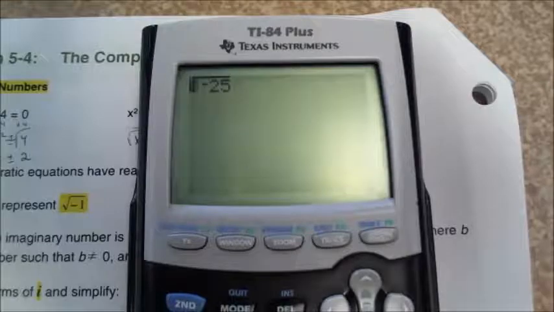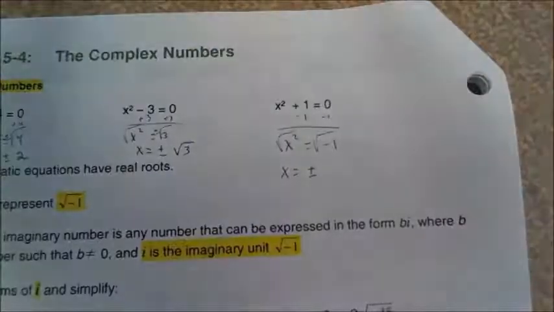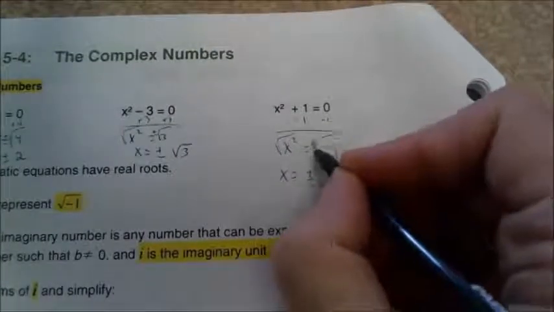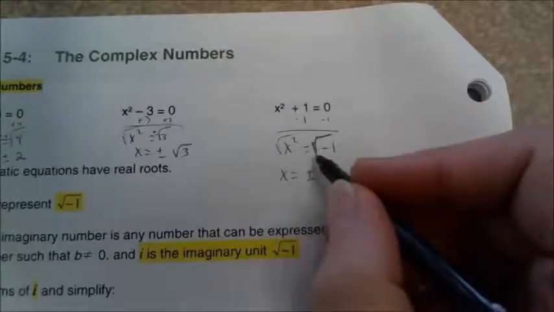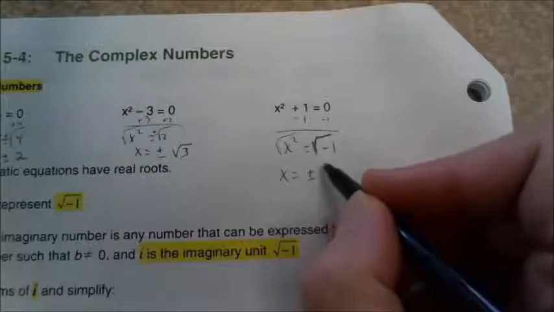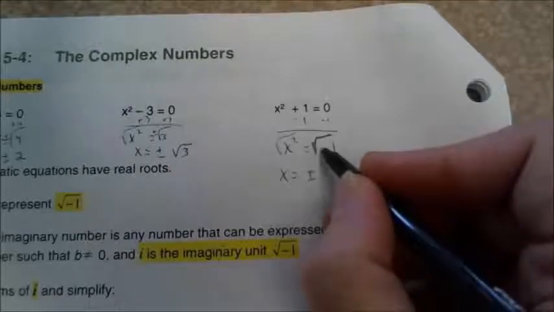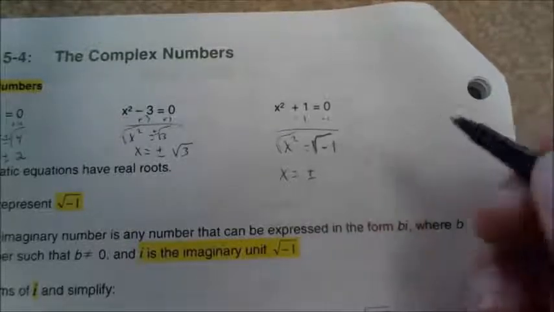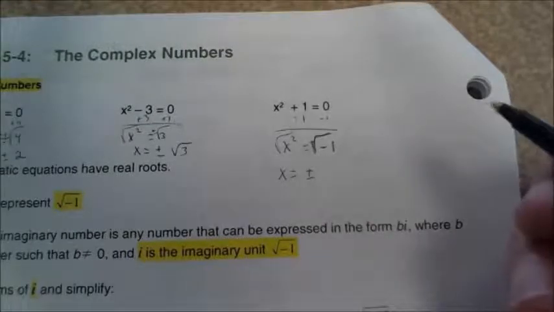So instead of creating an error, what some mathematicians have done is they've defined a value for the square root of negative 1, and they said, well, this is not a real number, so if it's not real, then it must be imaginary.